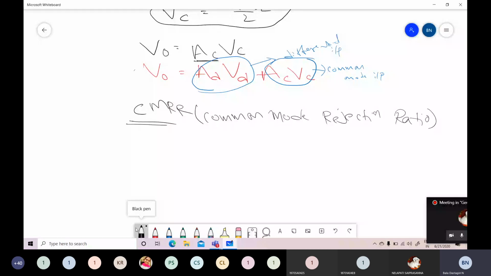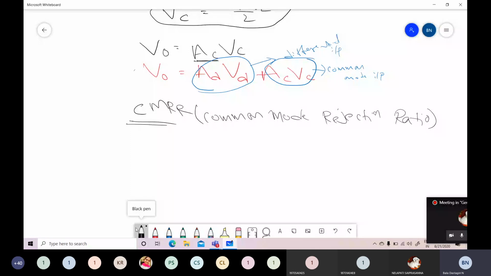When the same voltage is applied to both the inputs, the differential amplifier is said to be operated in the common mode configuration. Many disturbance signals and noise signals appear as a common mode signal to both input terminals of the differential amplifier. Such a common mode signal should be rejected by the differential amplifier.